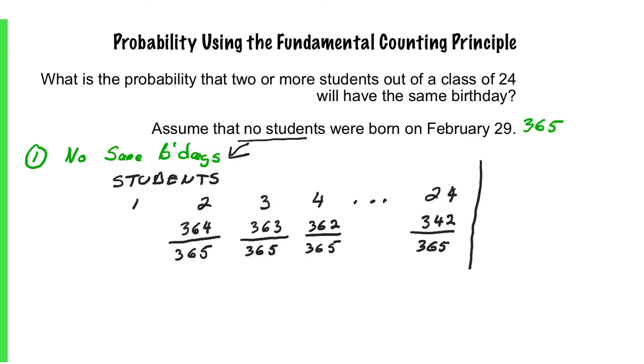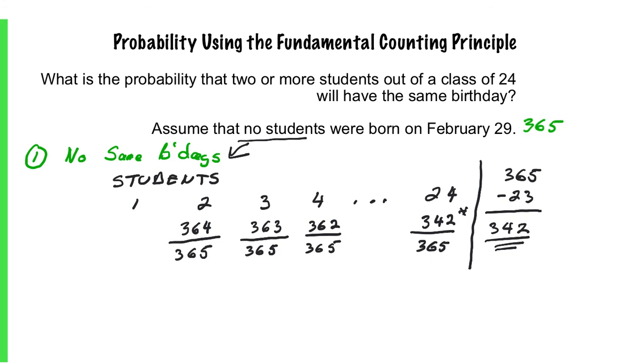So to come up with that number, you take your 365, that's the possible number of days, subtract 23, not 24, because we're not counting the first student. And that leaves us with 342. So that's where I get that final number.